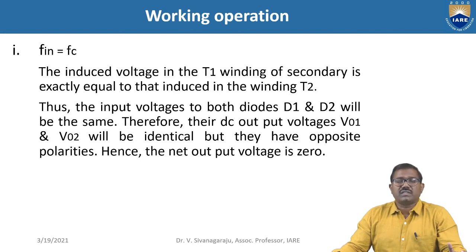Already we have seen in the circuit diagram that the secondary winding has two parts, the first one is T1 and the second one is T2.